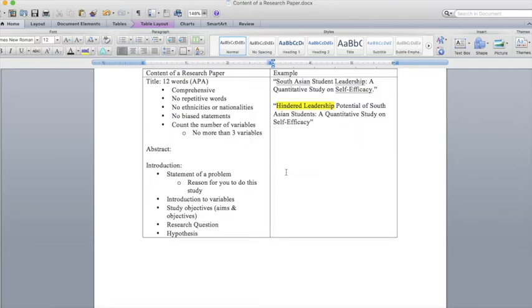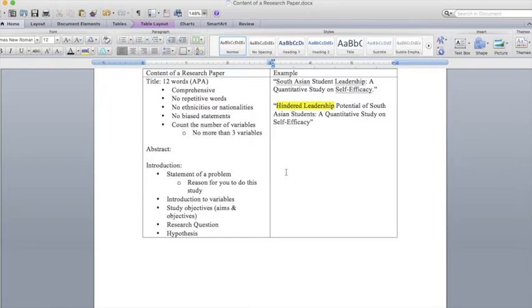Okay, now I started to kind of understand the process here. Now, if I am saying that I need to do a research on South Asian leadership, my supervisor is going to ask me, what is the reason for you to do this? Now, I need to tell her the reason. So, my reason was there are lots of students who struggle with the language. Students find it difficult to do presentations.